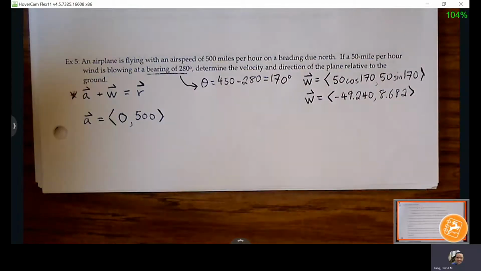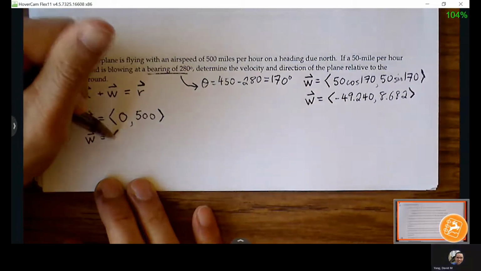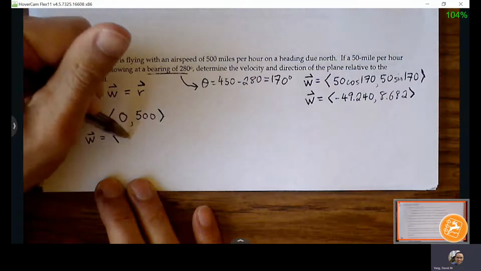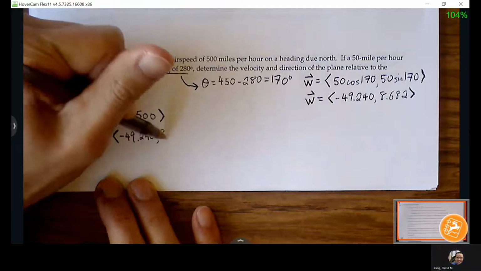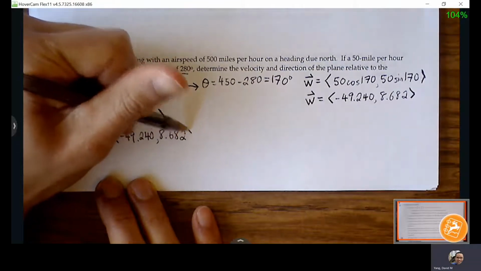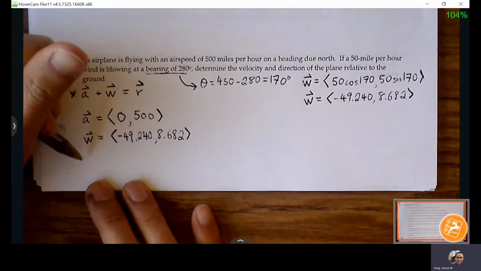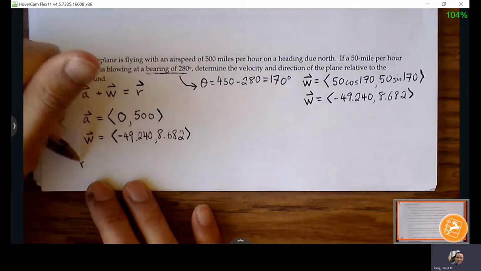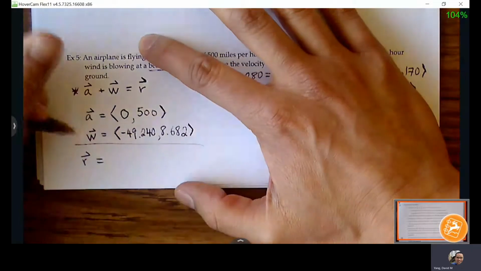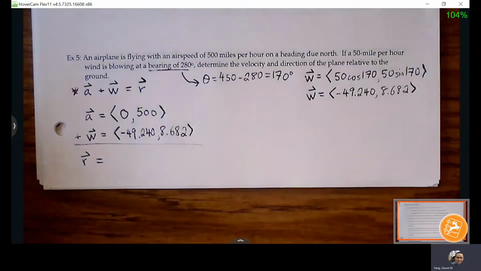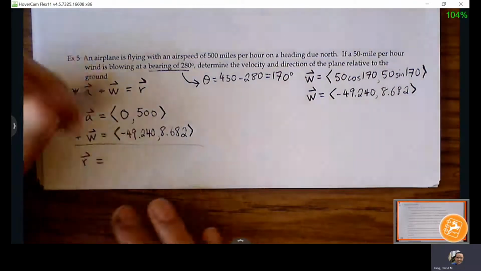Now we know that if we add the two vectors together, we can get the true direction of this plane, because that wind is going to push it off course a little bit. The resultant vector means that we're just adding these two vectors together, horizontal with horizontal, vertical with vertical.